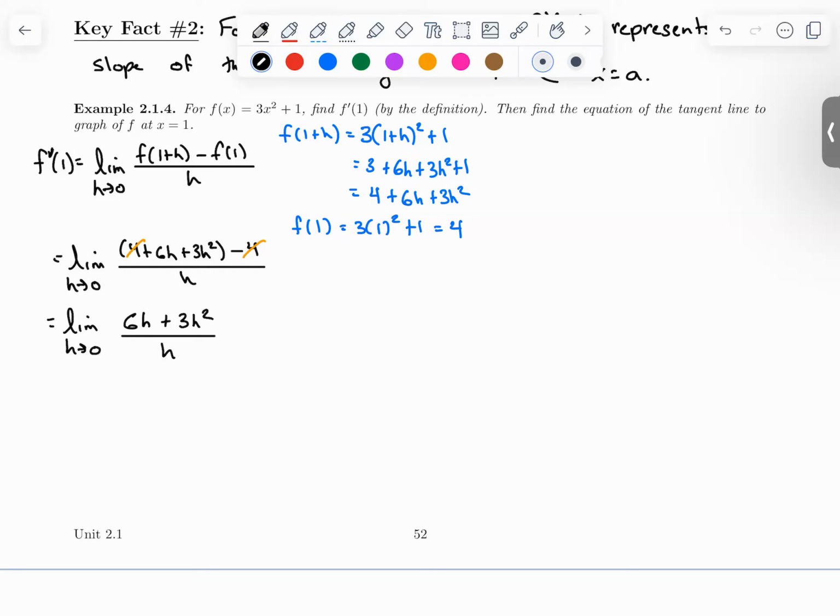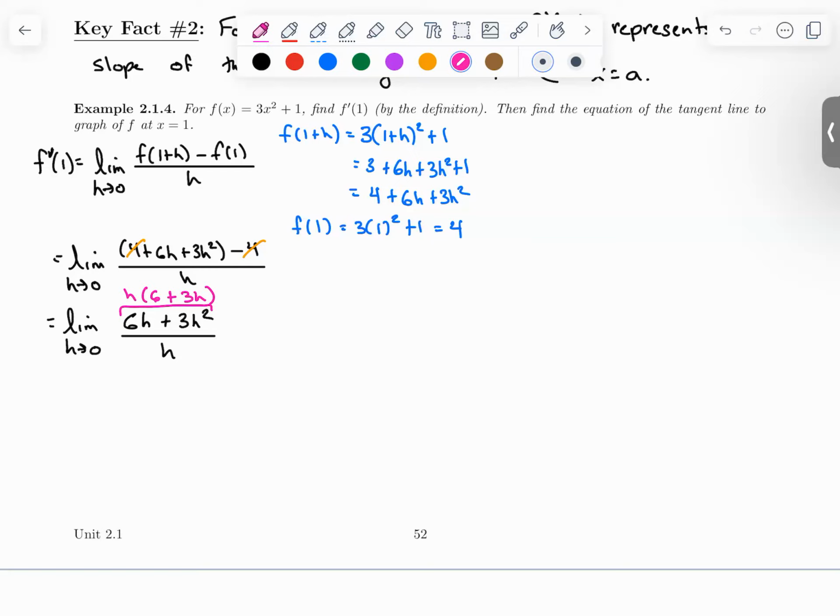So that's not too terrible, though, because there's a common factor of h. This is h times 6 plus 3h. And yes, I could also factor out a 3. It's not wrong to do so, but at the end of the day, I'm looking for a number here anyways, so why bother factoring it out? You could do it.